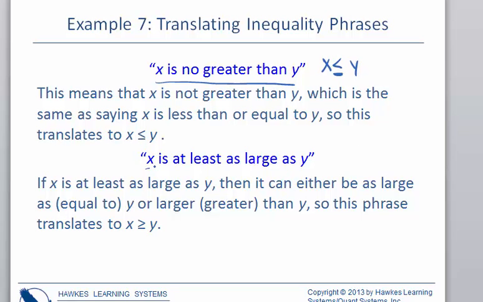All right, here's another one. X is at least as large as y. When you say that something is at least, you're saying that that's the lowest that it possibly could be, but it could be bigger. So we're saying that x is possibly equal to y, or it is larger than y, in order for it to be at least as large as y.